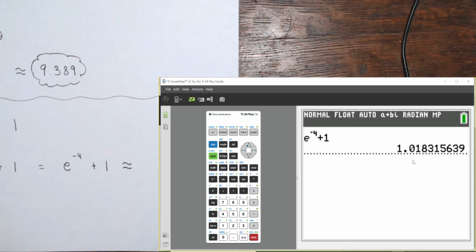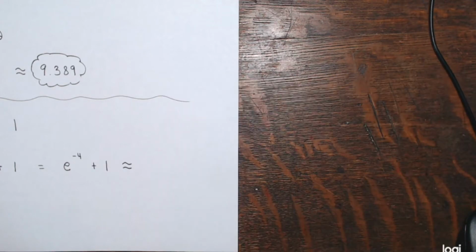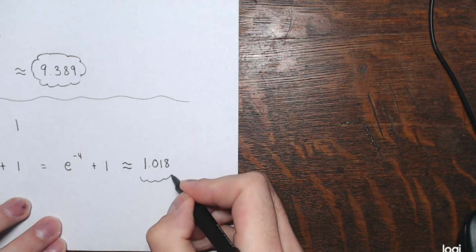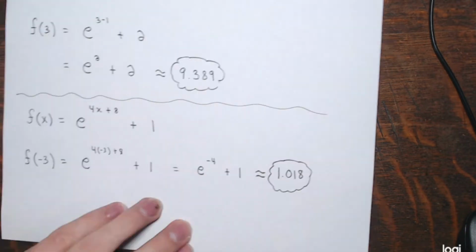And rounding to 3 decimal places, it's 1.018 are the first 3 decimal places, and then the one after that is a 3, which is less than 5, so I keep the 3 decimal places the way they are. The nearest thousandth would be 1.018. Alright, so 1.018, and this is what I'm going to enter in the assignment.